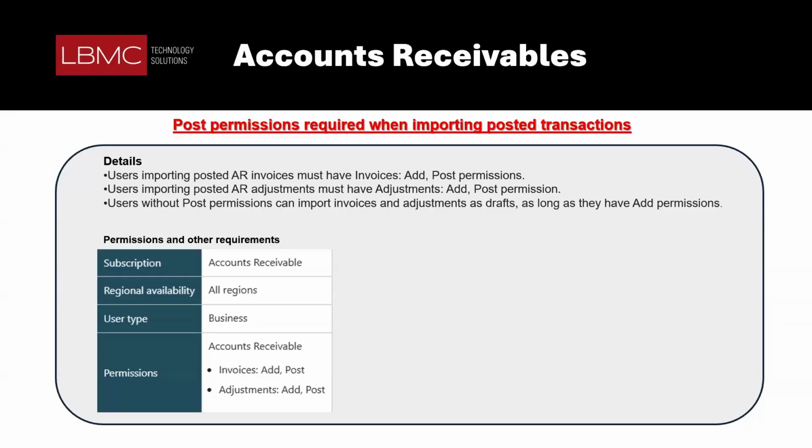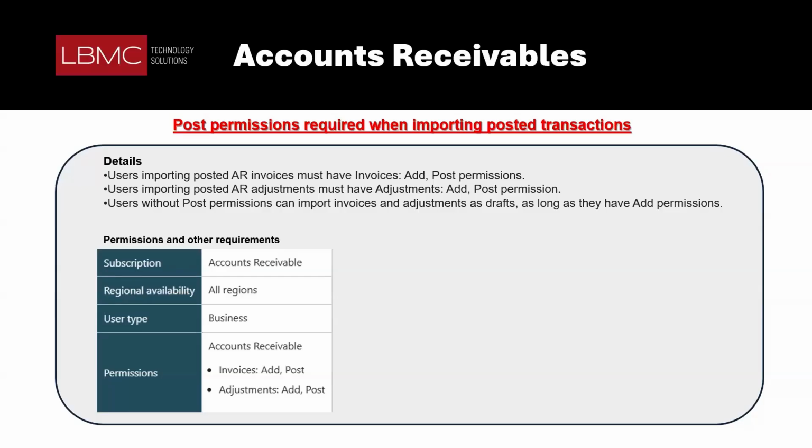By requiring specific post permissions, you can make sure that all of your financials are coming in correctly. I do know, just like the AP environment, any users without the post permissions can still import transactions, but it would just be as a draft within the transaction, and it will have to be updated within the system.